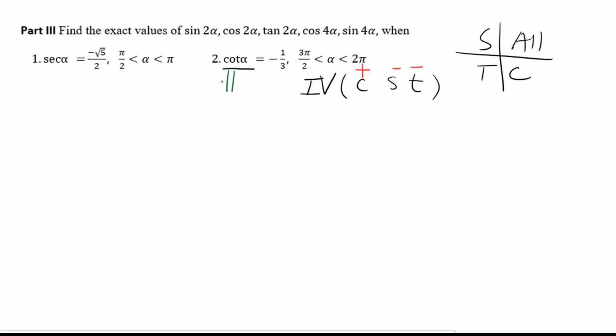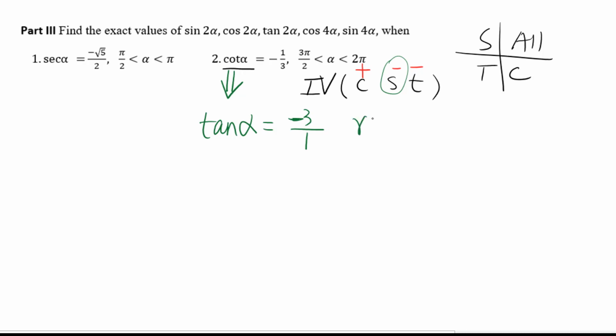For cosine alpha, you will change into the major trig function, that is tangent alpha equals -3/1. Since the sign is negative, this negative sign will be the numerator.